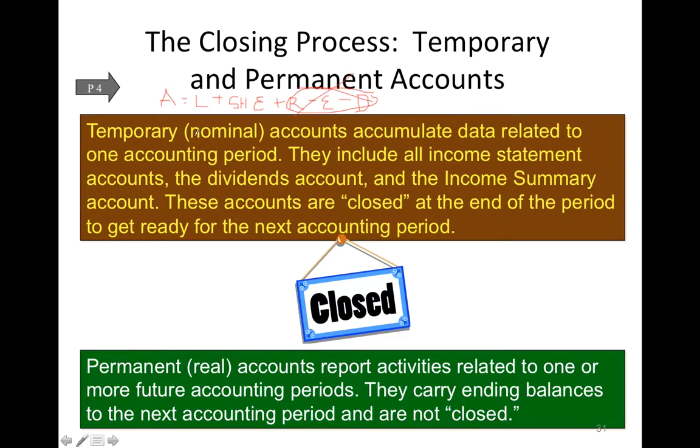So they're called temporary or nominal accounts. I want to start a new period with zero in revenues, zero in expenses, zero in dividends. A reason? Because I want to know my net income for the next period, just for that period. I don't want my net income from this period to impact it. So what we're going to do, we're going to close them, hence the name, the closing process. We're going to bring them down to zero. We're going to empty them out.